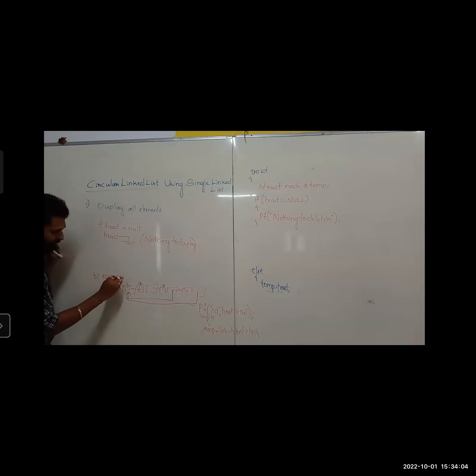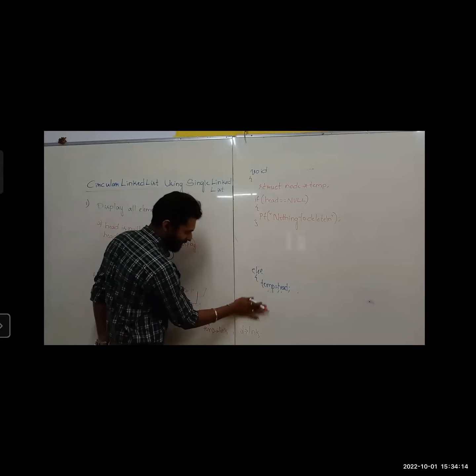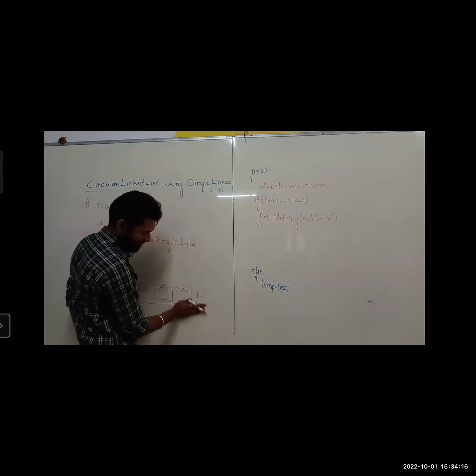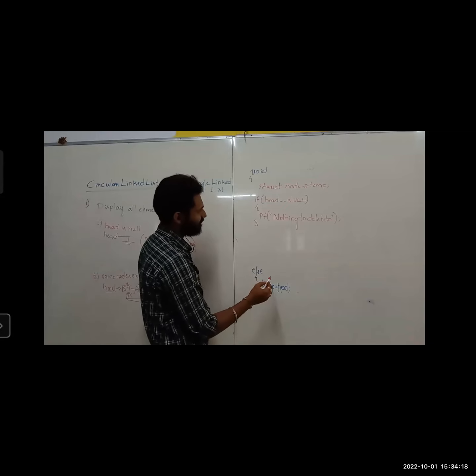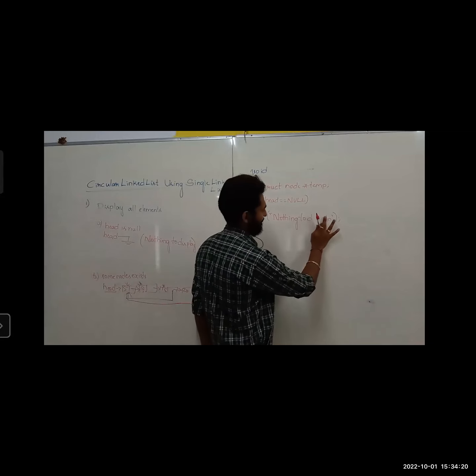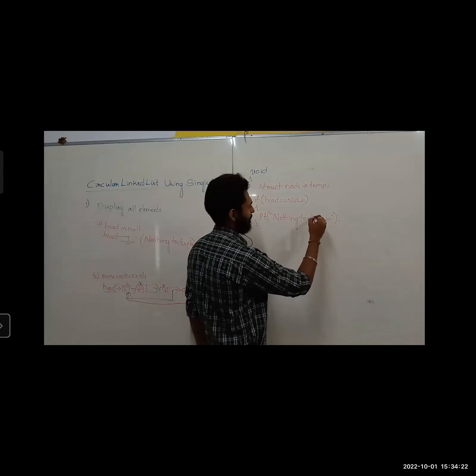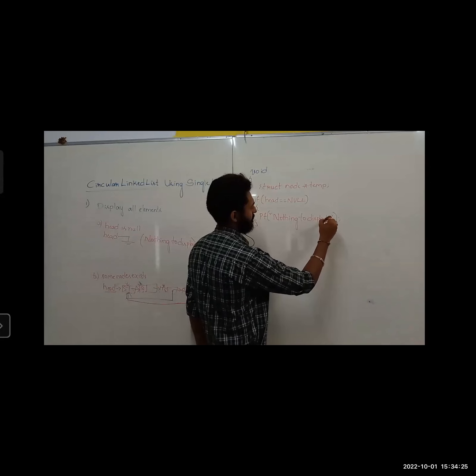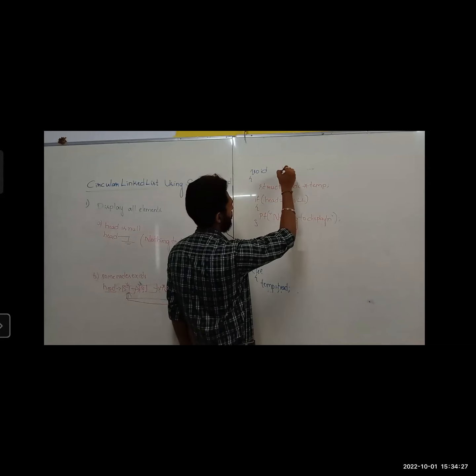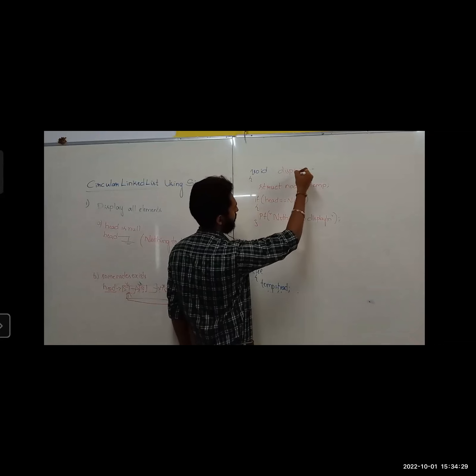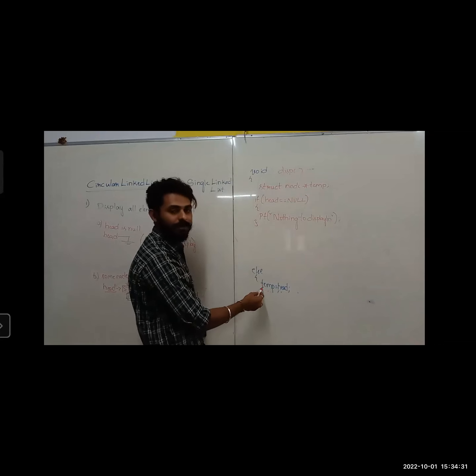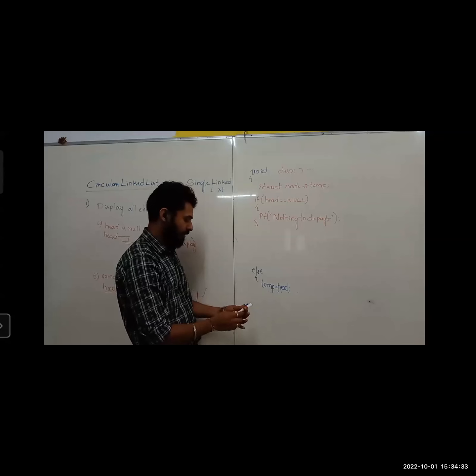Some nodes exist. Then I'll not write it here, directly I'll write that. Why should I write 2 times? So here, in the else part, temp should be pointing to the same place where head is pointing. Temp is pointing to the same place where head is pointing.